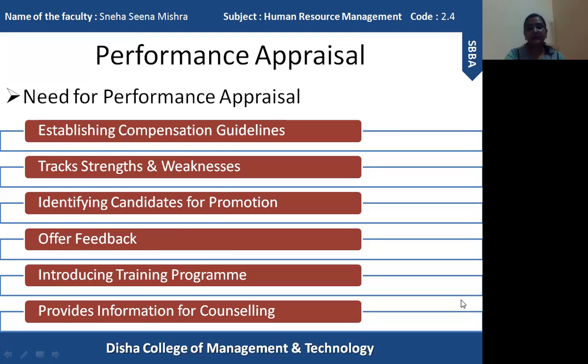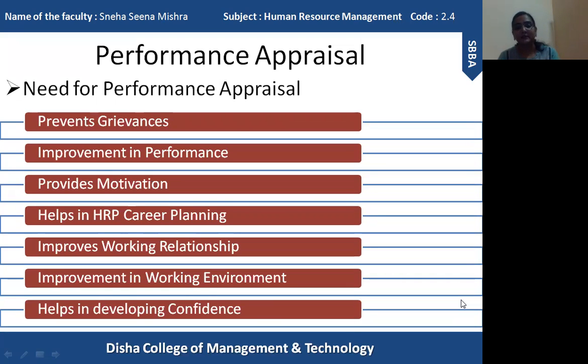Okay. And the next point is prevents grievances. So when we are aware of our performance, we can understand in which area we are weak. We can also understand what the difficult situations in the organization are due to which we are not able to perform, whether it is related to working conditions, whether it is related to other employees.